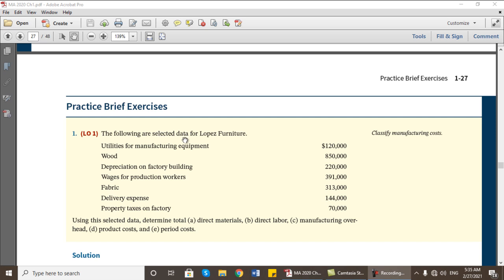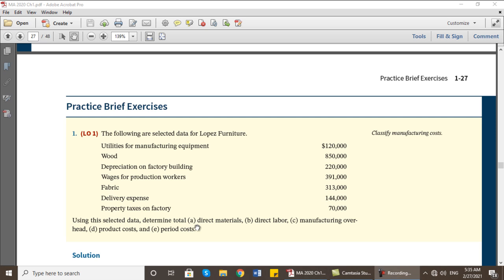The following are selected data for all furniture utilities for manufacturing equipment, wood, depreciation in factory building, wages for production workers, fabric, delivery expense, property taxes on factory. Using this selected data, determine total direct materials, direct labor, manufacturing overhead, product cost, and period cost.